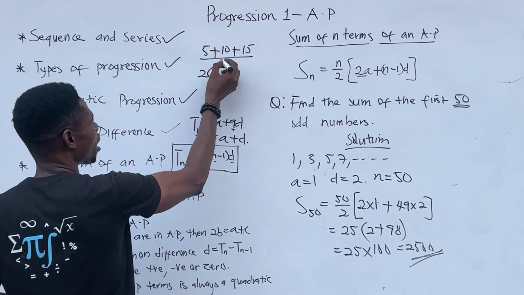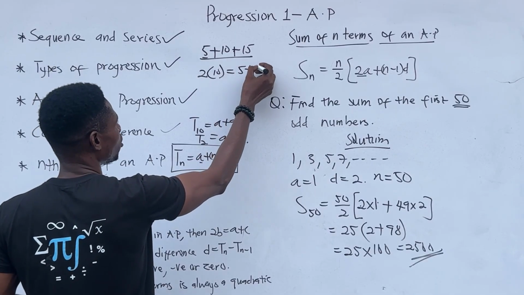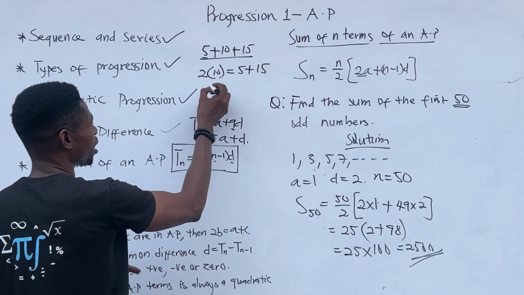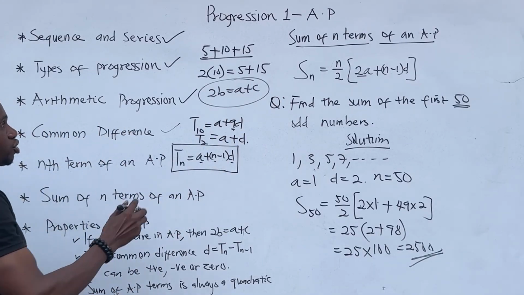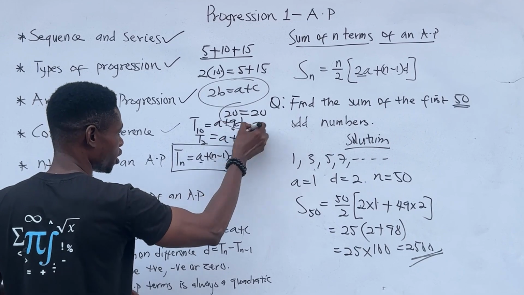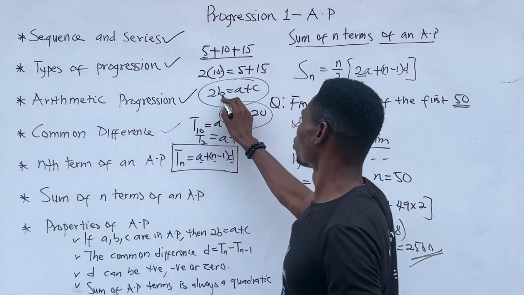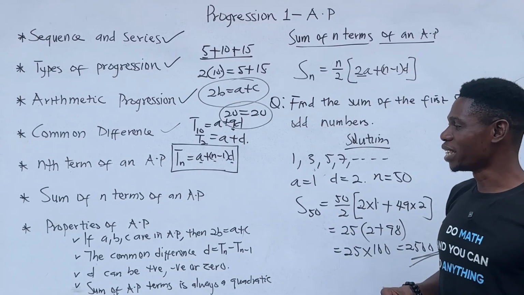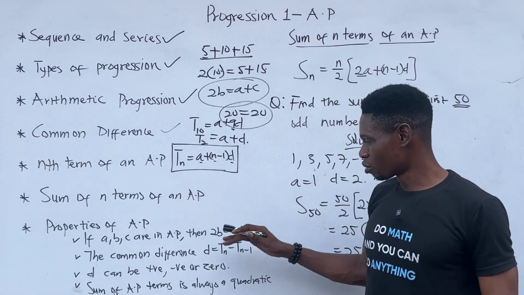So 2 multiplied by this B, 10, is equal to A plus C. That's 2B equals A plus C. So 2 multiplied by 10 is 20, equals 5 plus 15, which is 20. So that's one thing we should know. And this B is called the arithmetic mean. But the UTME doesn't stress that much, so just know that.